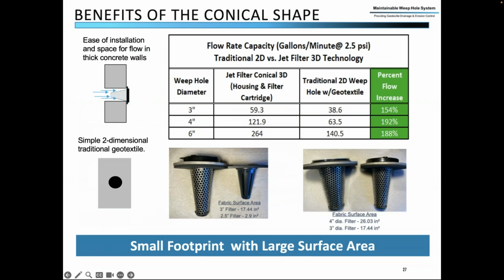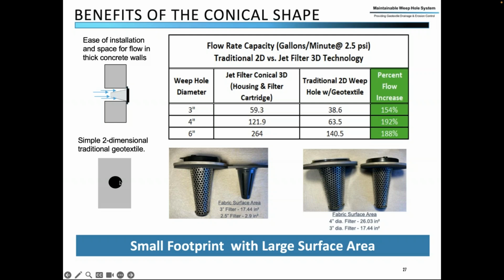So I mentioned faster drainage. Well, the conical shape of the unit, here you've got an image of a unit put into a weep hole with water flowing towards the conical shape, as opposed to a traditional weep hole that is just, we call it a two-dimensional weep hole.